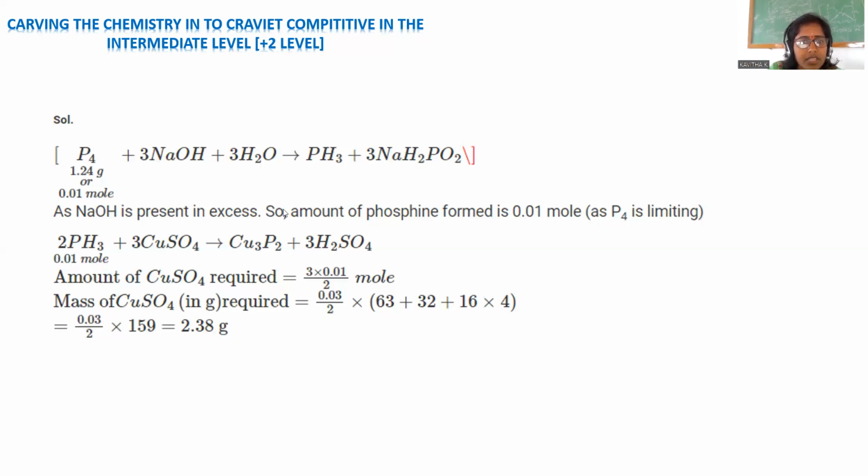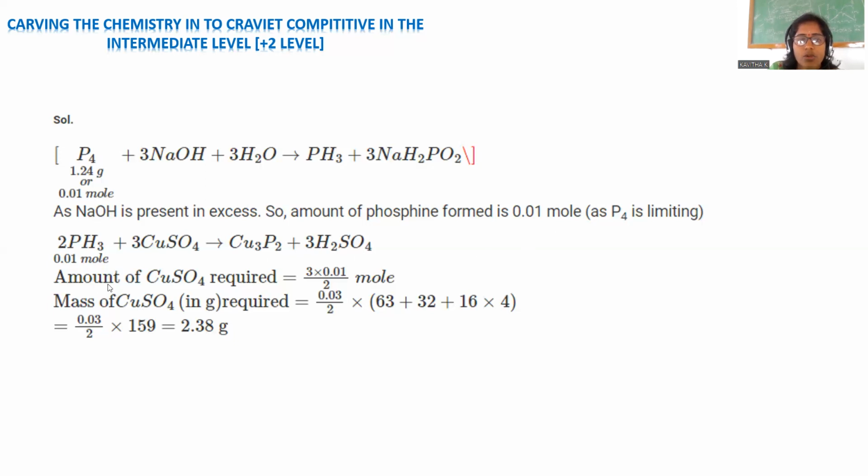When the released PH3 is treated with copper sulfate, copper phosphide and sulfuric acid will be generated. Here we have to remember sodium hydroxide is present in excess. We can take 1 mole of phosphorus consuming 3 moles of sodium hydroxide, so the phosphine formed is 0.01 mole only.